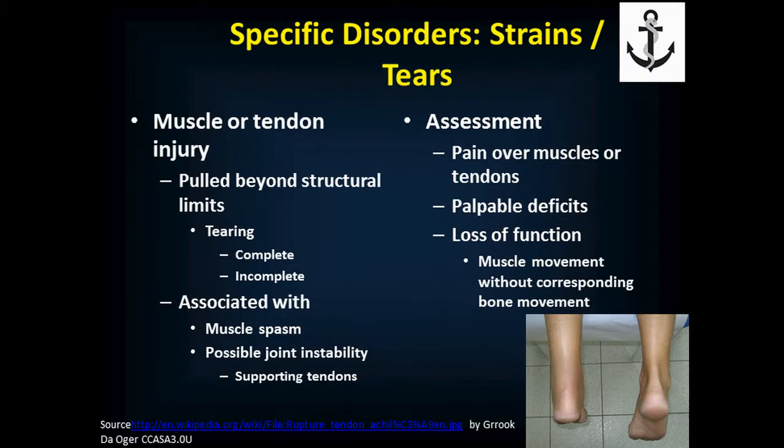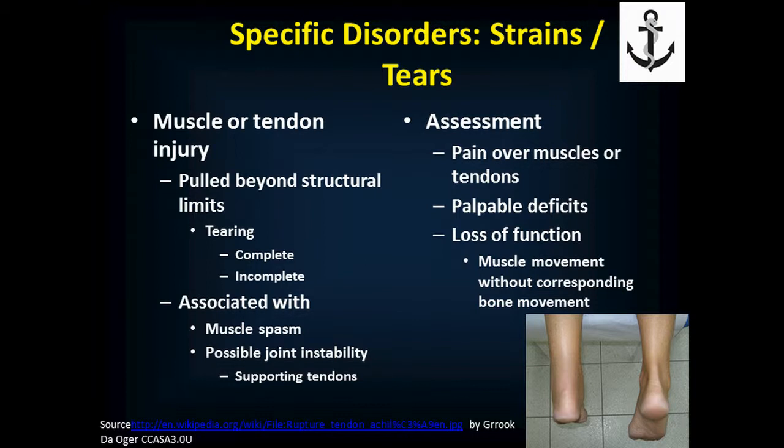Muscles and tendons don't sprain. Sprains occur to the ligaments that hold the joints together. Muscles and tendons strain or tear. So you pull those structures beyond their limits, and they'll start to tear, and they can be either complete tears or incomplete tears.